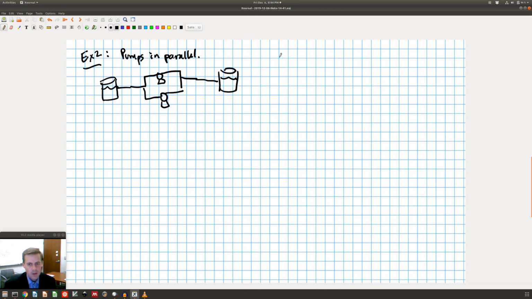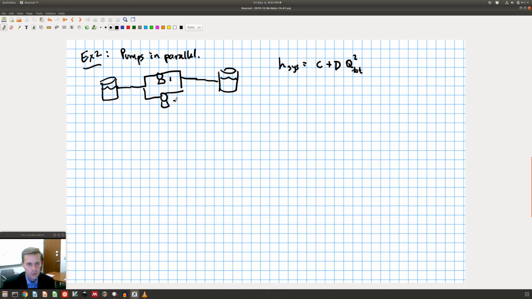Suppose my system demand is given by some C plus D Q squared, where this is Q total, the Q through the whole system. And suppose I know these 2 pumps, pump 1 and pump 2.